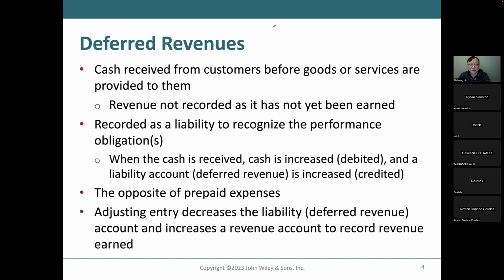So if they receive the cash, you debit the cash of 1,200. That magazine company received the cash, 1,200. So they need to credit something. What should they credit? Yes, that's right. Students have already responded to me.